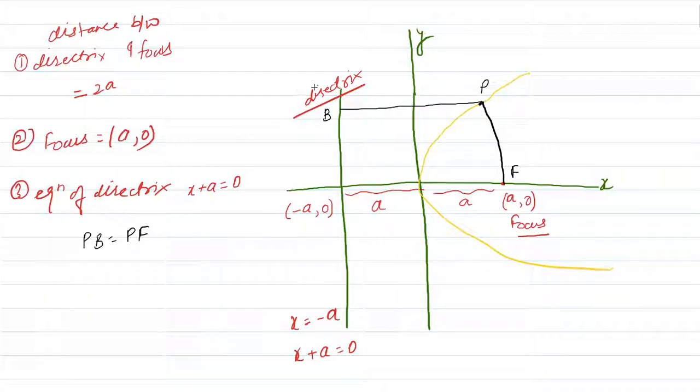Now the important point is to let the coordinates of point P be (x, y), because whenever you have to find the equation of any curve, here a parabola, you always let the point be (x, y), since we are about to find the locus.